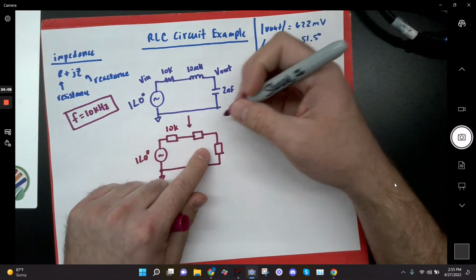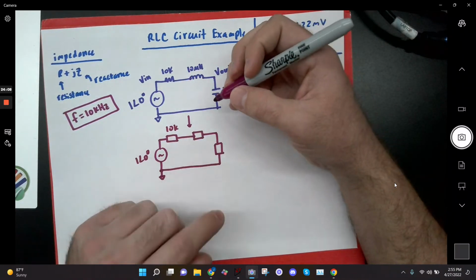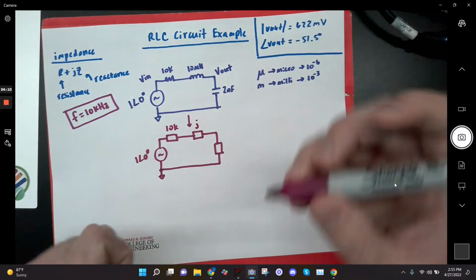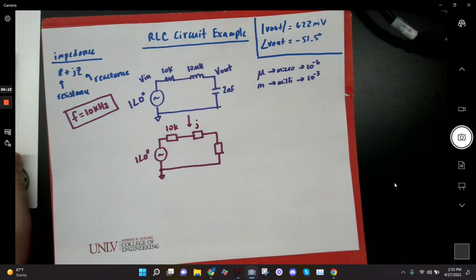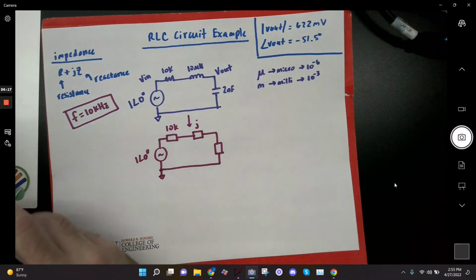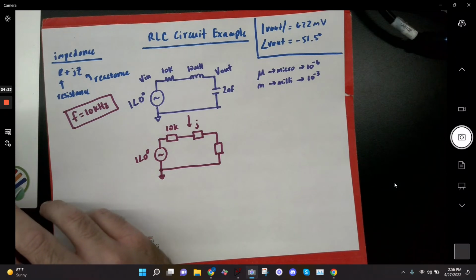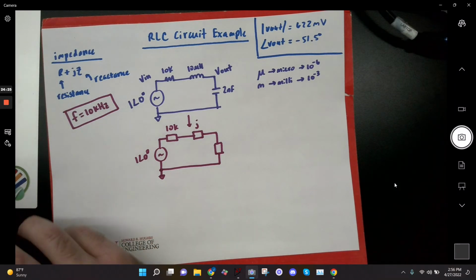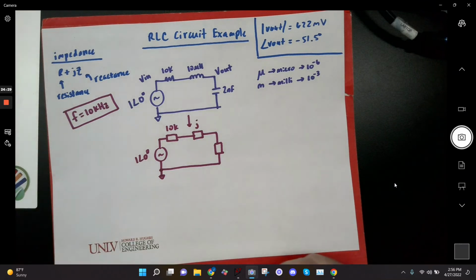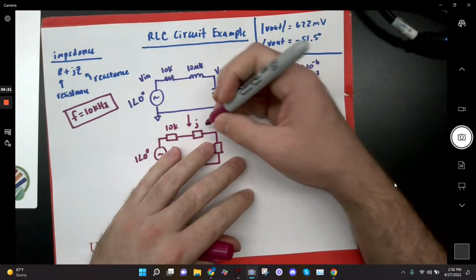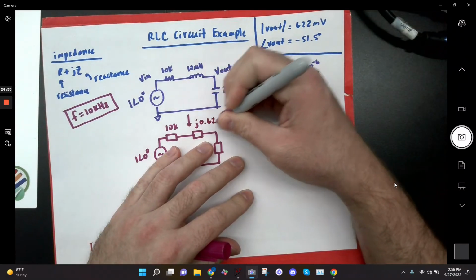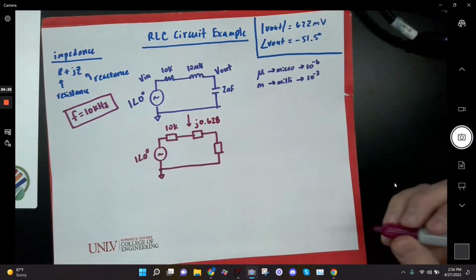So my inductor is j omega L, so it's going to be j times 2 pi times 10K times 10 microhenries, right? Everybody cool with that? So I'm going to go straight into the calculator with that. 10 times 10 to the minus 6. That's 10 micro. Then I multiply by 2 pi and by 10 kilohertz. So I get 0.628.